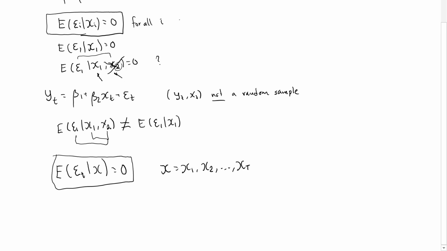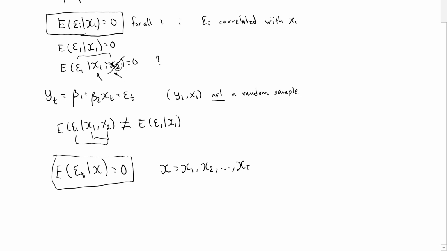Remember that one very important case when exogeneity was violated in the case of a random sample was if the error term was correlated with the x variable for the same observation.